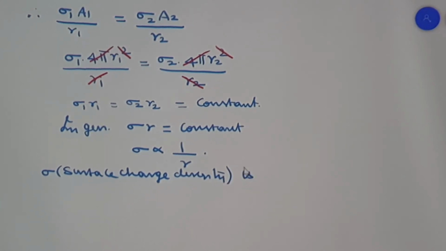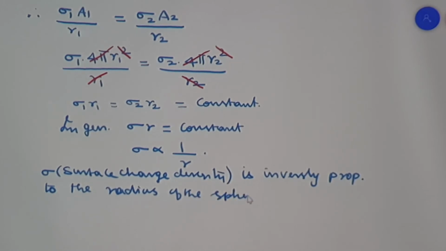Surface charge density is inversely proportional to the radius of the sphere. What do you mean by this? As the radius of the sphere goes on decreasing, the surface charge density goes on increasing.